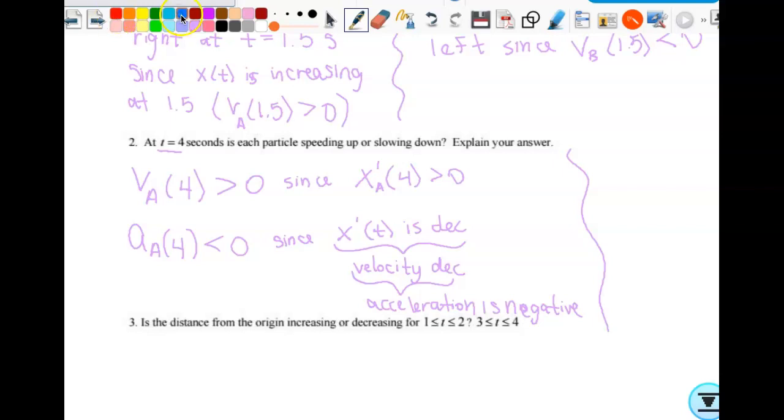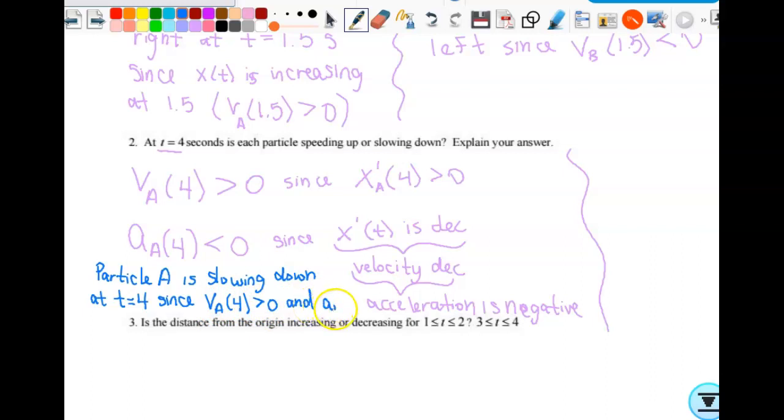So particle A is slowing down at t equals 4, since v sub A of 4 is positive and a sub A of 4 is negative.